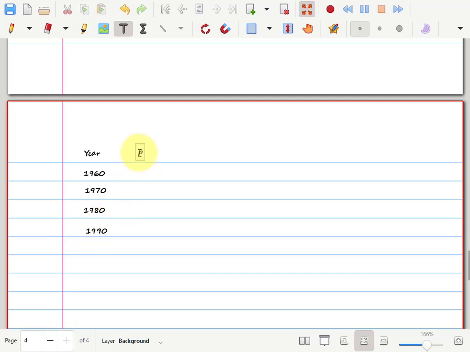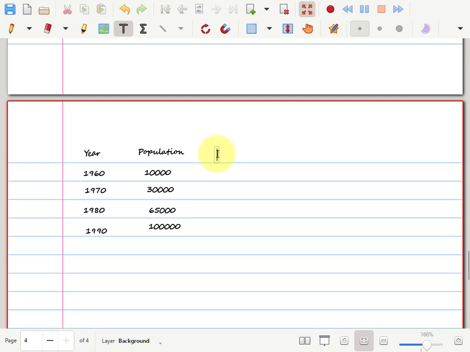And the population is given to us. Population for 1960 is 10,000, 30,000, 65,000 and then 100,000. So now we need to find R.